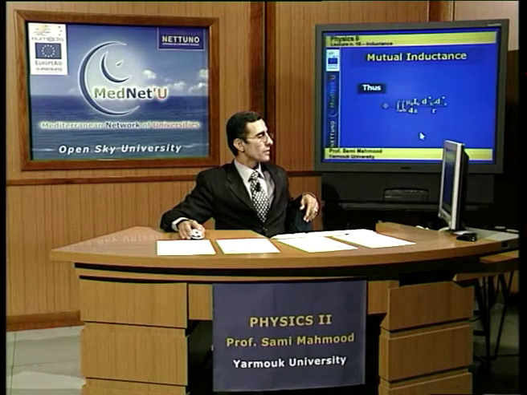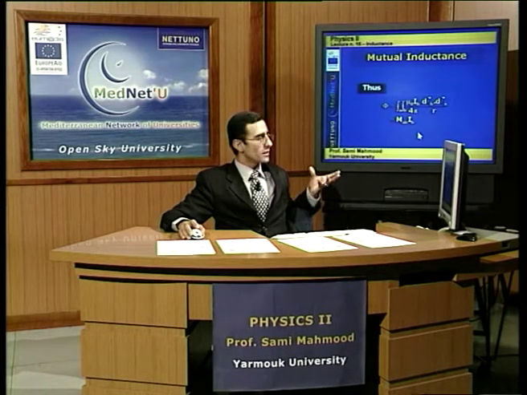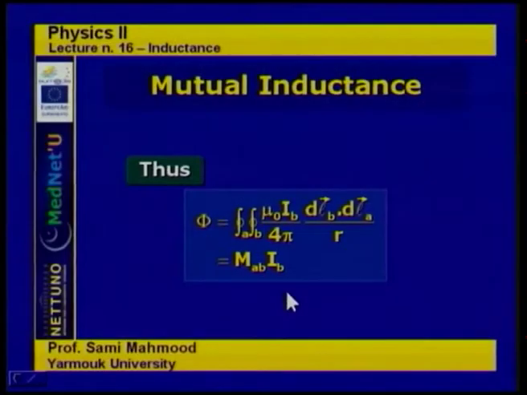And thus, we can rewrite now the value of the vector potential due to circuit B. We can substitute for it by its value, and this gives phi equal to the integral over the circuit A of the vector potential due to B, which is mu naught I_B over 4 pi times dl_B divided by R, dot dl_A, where R is the distance between the element dl_B and the element dl_A.